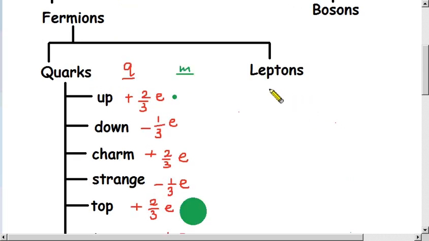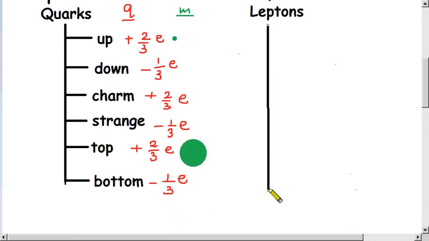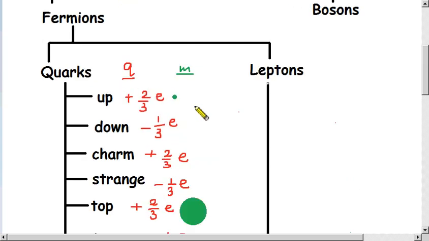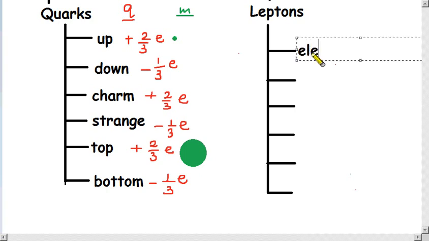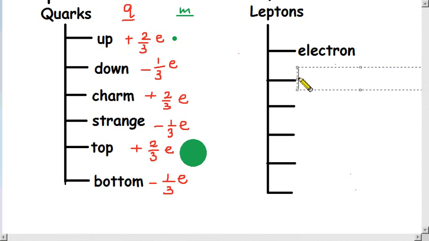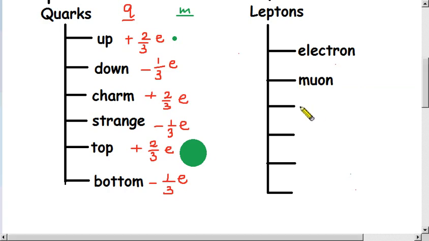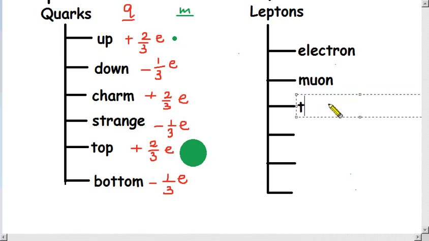Now let us go to these leptons. They are also elementary particles. They are not as heavy as these quarks, that is why they have used the name leptons. There are 6 types of leptons. First one, electron. Then muon. Then tau.